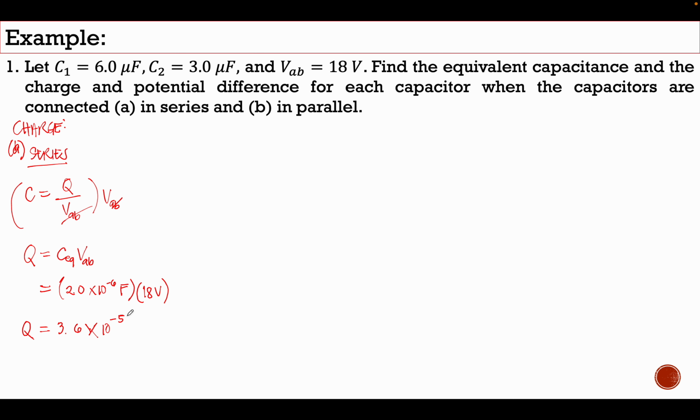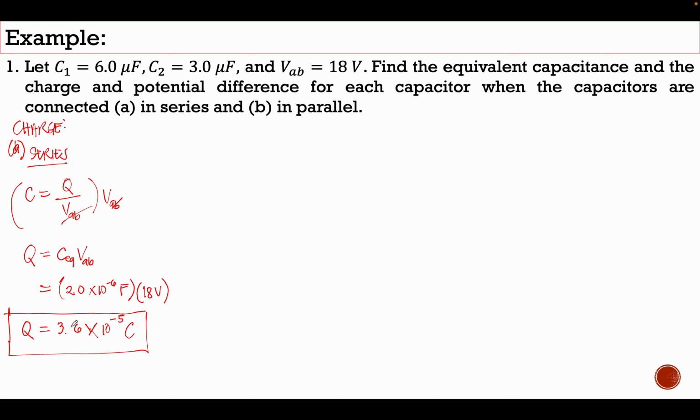Again, the unit for charge is in terms of coulomb. So for series, our charge for these two capacitors are the same. So for C1, our charge is 3.6 times 10 to the power of negative 5. And for C2, it is still the same. So the charge of C2 is still equal to 3.6 times 10 to the power of negative 5 coulomb.